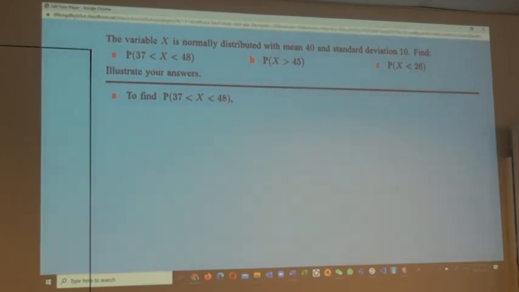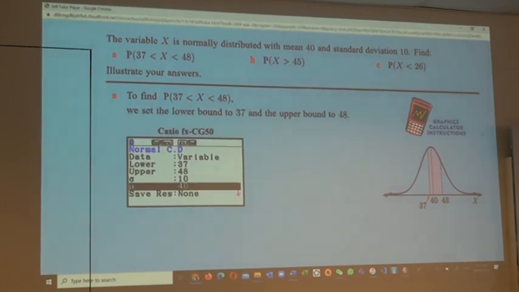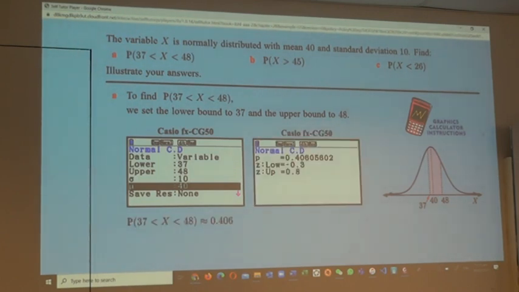You could calculate this probability using a definite integral to find the area under the normal curve. However, because the normal distribution is so important, there are special functions on your calculator for calculating normal probabilities. We set the lower bound to 37 and upper bound to 48. The probability that the variable lies in this interval is about 0.406. In part B, we want to find the probability that x is greater than 45.